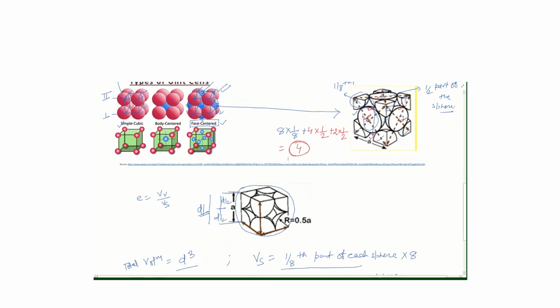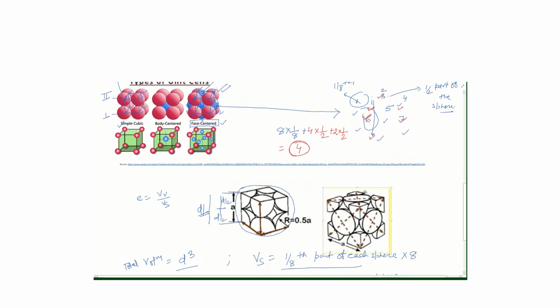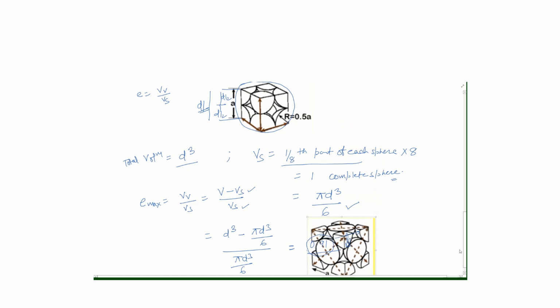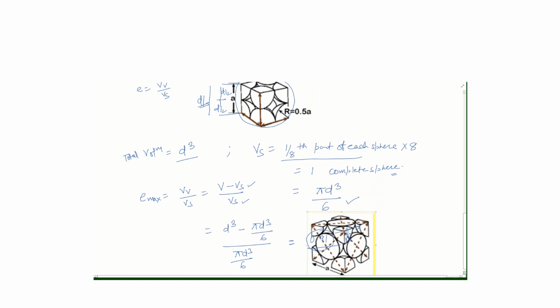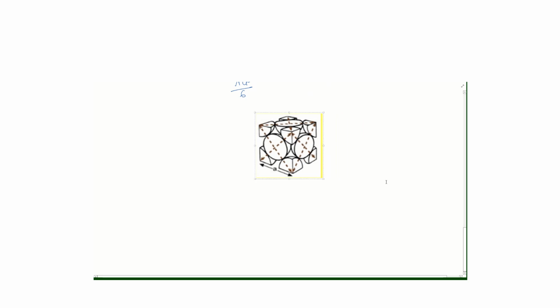So I just take this figure downward for calculating the void ratio. For E minimum, I again calculate the volume of voids by volume of solid. Just see how we can form the diameter.